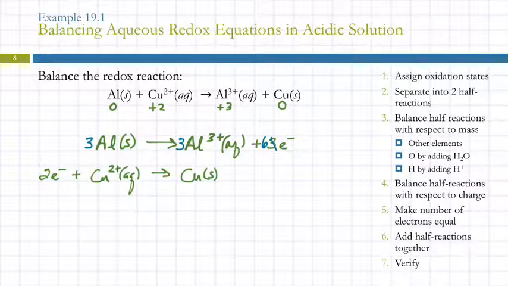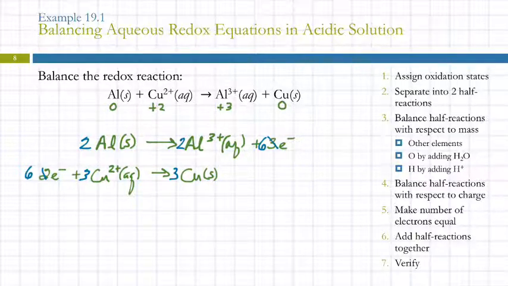And what do I need to multiply the bottom one by? 3. Okay, still balanced.